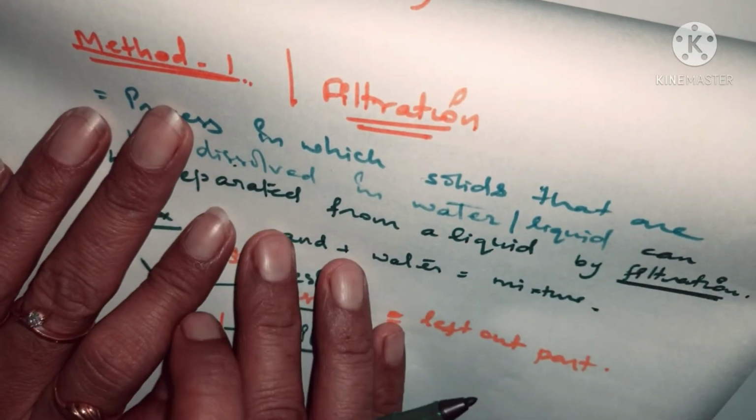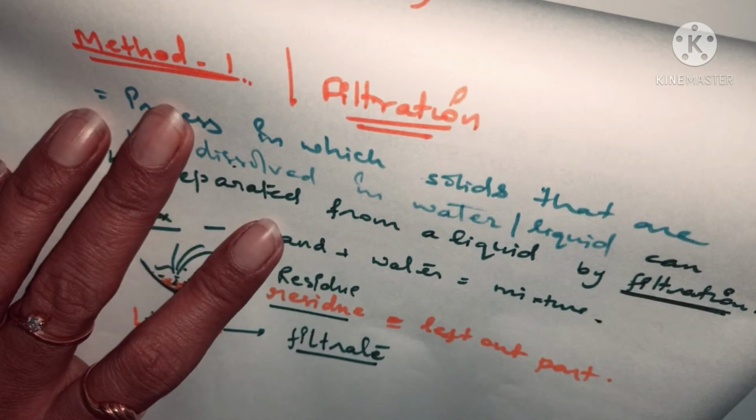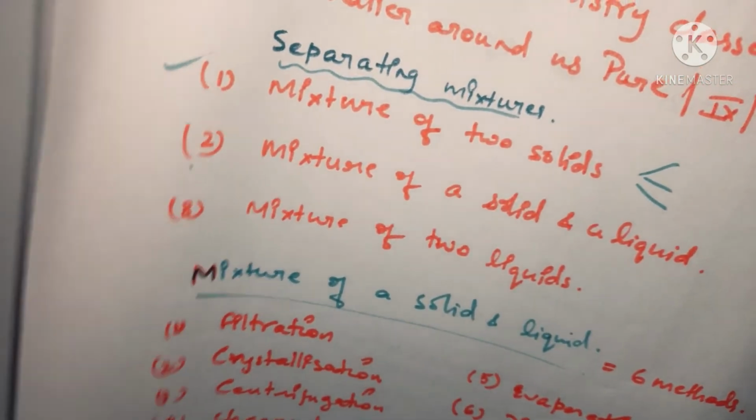So how is it made drinkable? River water is not very safe for drinking, isn't it? That is why it requires some cleaning treatment. How it is done, we are going to understand first, because this is a topic in your NCERT syllabus, so we are going to discuss it as well.